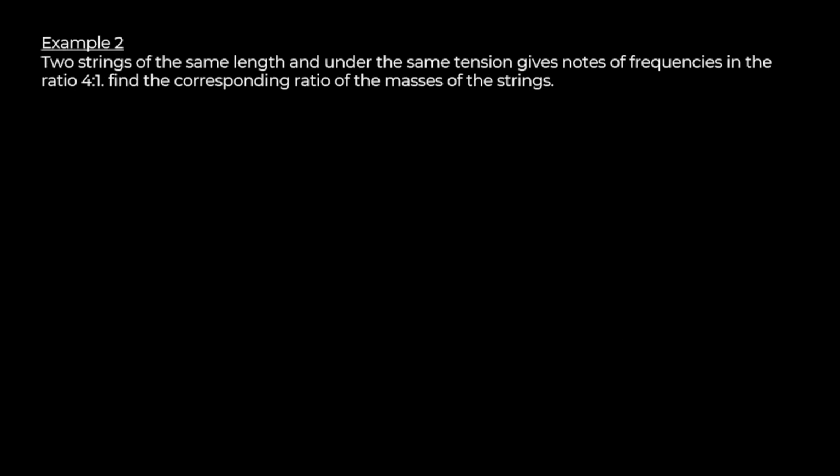Example number 2. Two strings of the same length and under the same tension give notes or frequencies in the ratio 4:1. Find the corresponding ratio of the masses of the strings. We get to realize that over here we've not been given any values for the frequency and the mass per unit length, but we've been given a ratio.